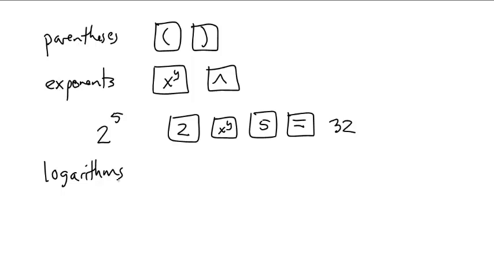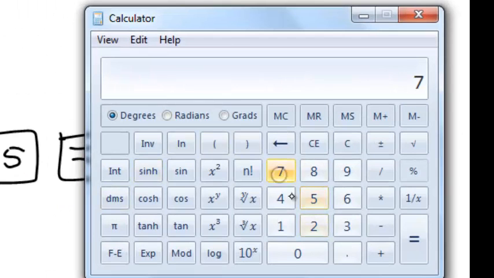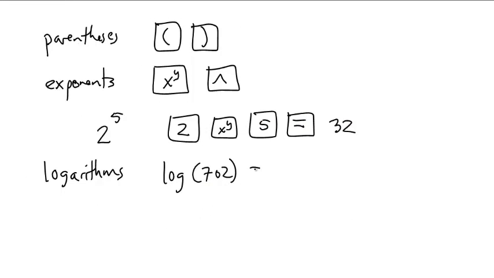On this calculator, if I want the log of 702, on a cheap calculator, you type in the 702 first, and then you find the log button, and you hit log, and you get 2.84. 2.84 is the log of 702. I want you to know how to do this.